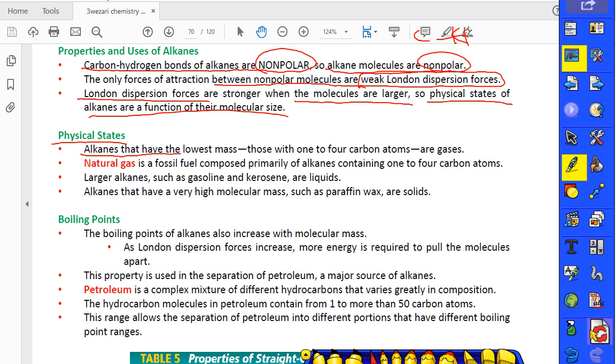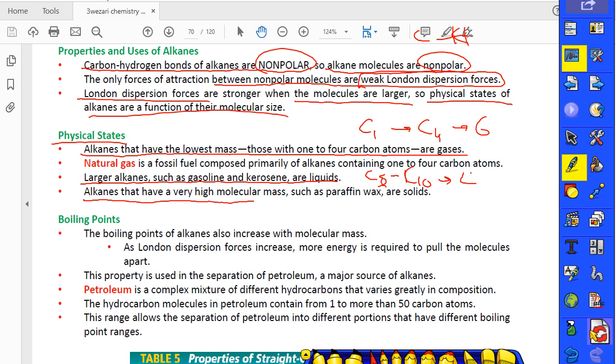The alkanes that have the lowest mass, those with 1 to 4 carbons, are gases. It means from 1 carbon to 4 carbons, these are gases. Carbon 5 to 10, we call these liquids.